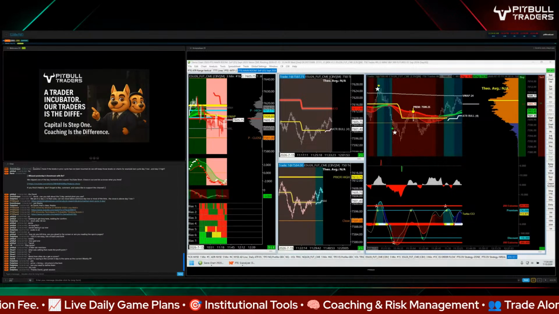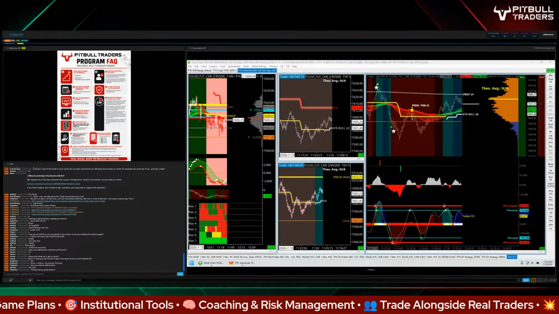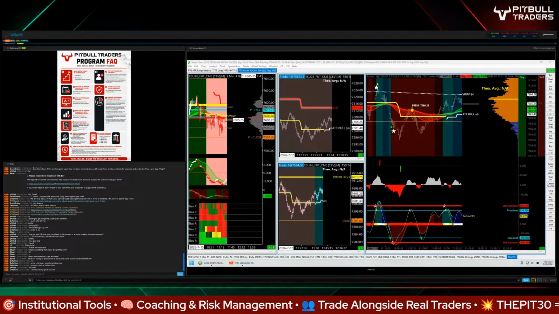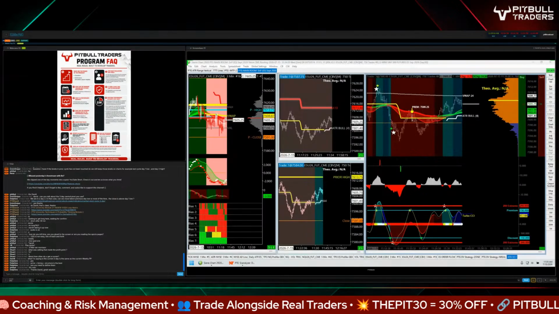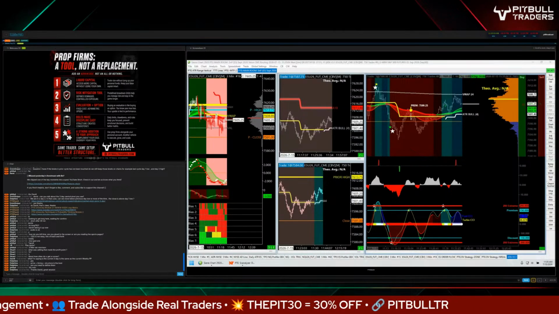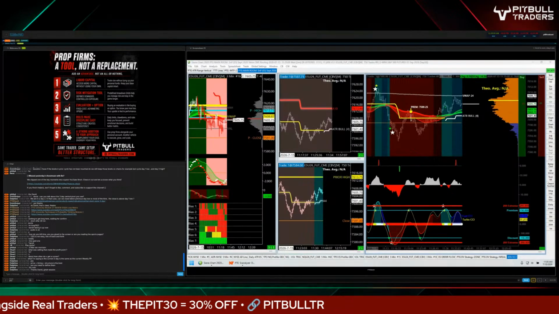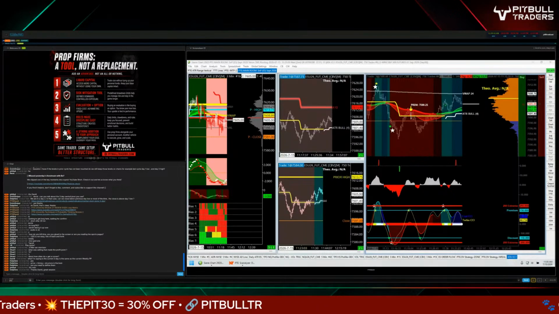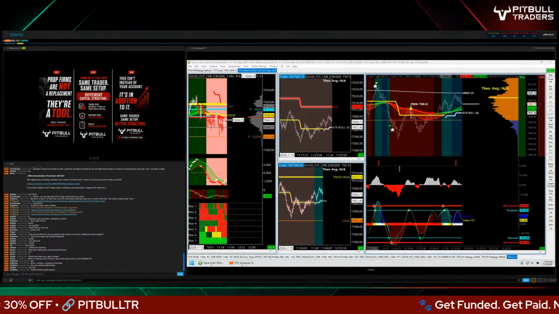Part of the reason a lot of people may not want to take a funding program, and I'm being very honest here, is if they're trading their own money, do you have rules trading your own money, or do you have just loose rules? Do you really have a solidified strategy, or are you just trading off the hip?